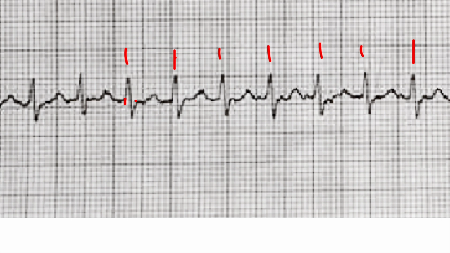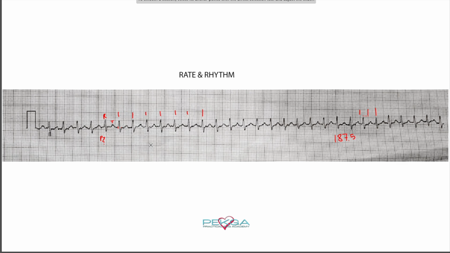T wave is looking nice. It's present after every QRS. I'm not seeing anything going on in the ST segment. However, the P waves, right, so this is your QRS complex, this is your T wave, but where's your P wave? The P wave is missing. It's either hidden in there or it's missing.